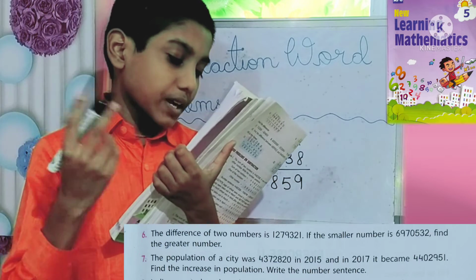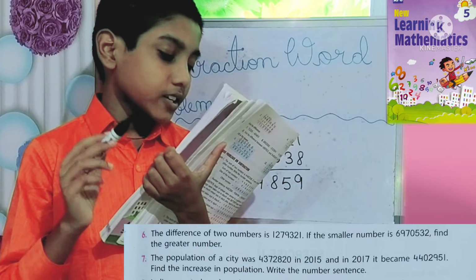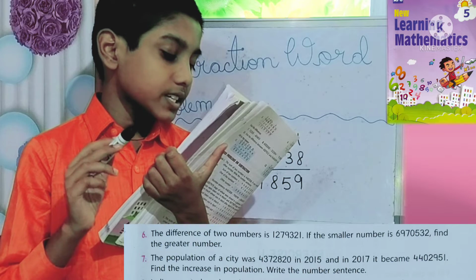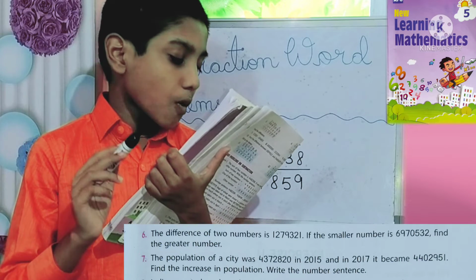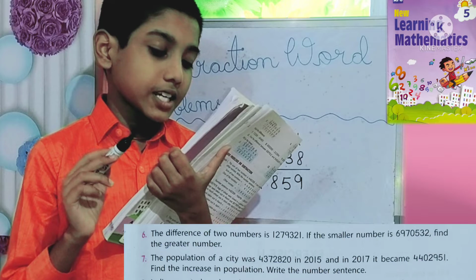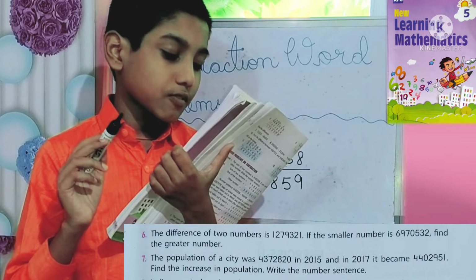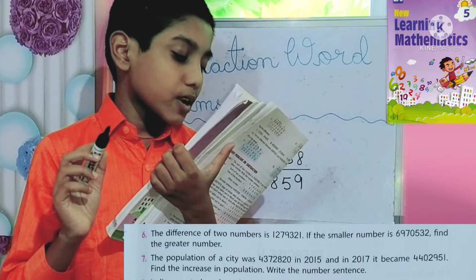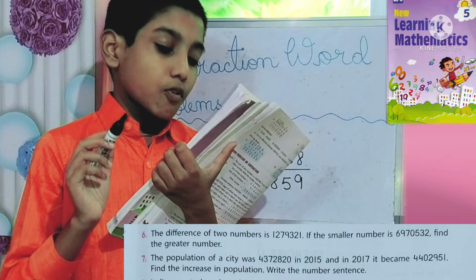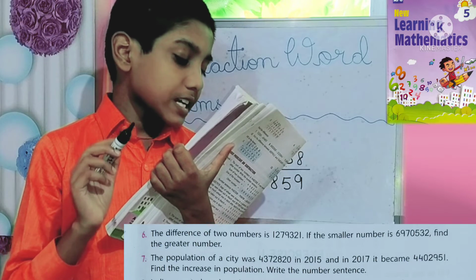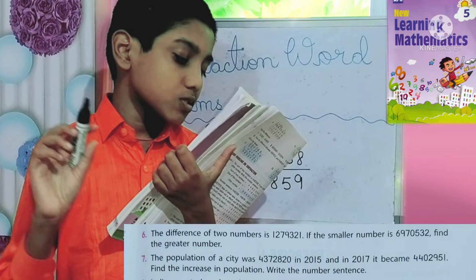So the statement I am telling you: the population of the city in 2015 equal to 4372820. The population of the city in 2017 equal to 4402951. Increase in population equal to 4402951 minus 4372820.